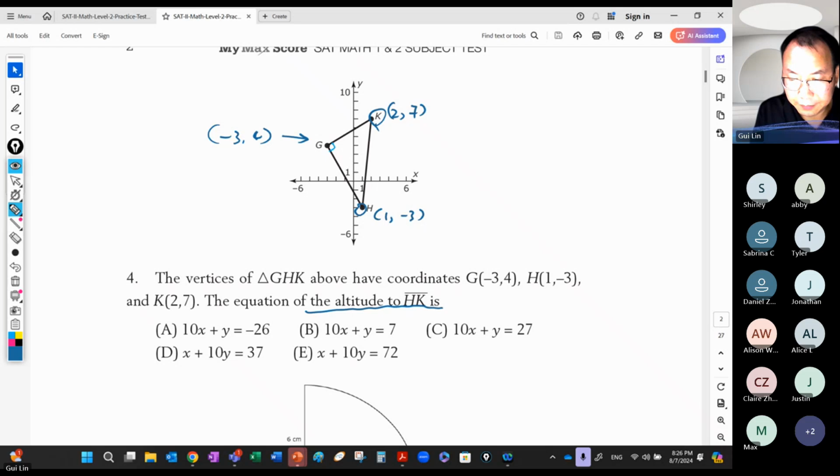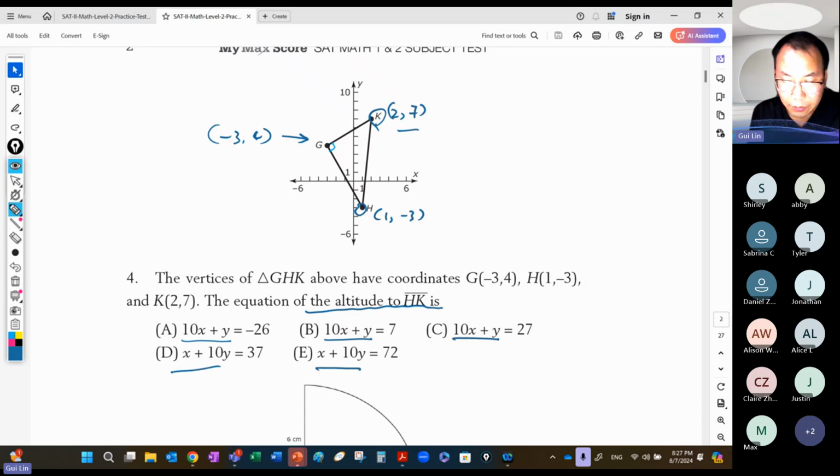All right, so I give you 2 points, so you can get the linear line between HK, right? That would be easier. Actually, they already provide these kinds of equations here. They are very similar, like 10x plus y, 10x plus y, 10x plus y.